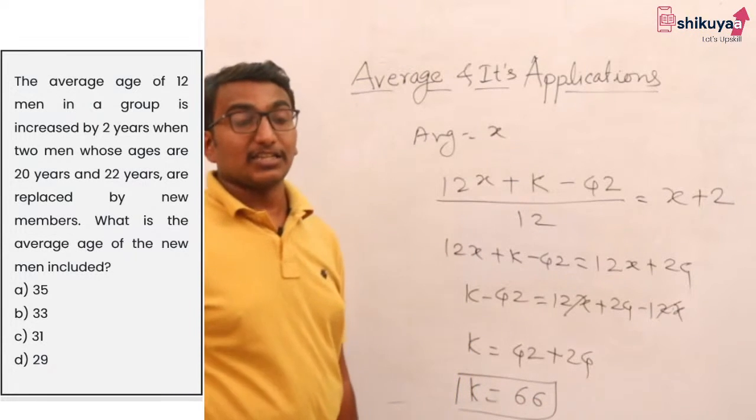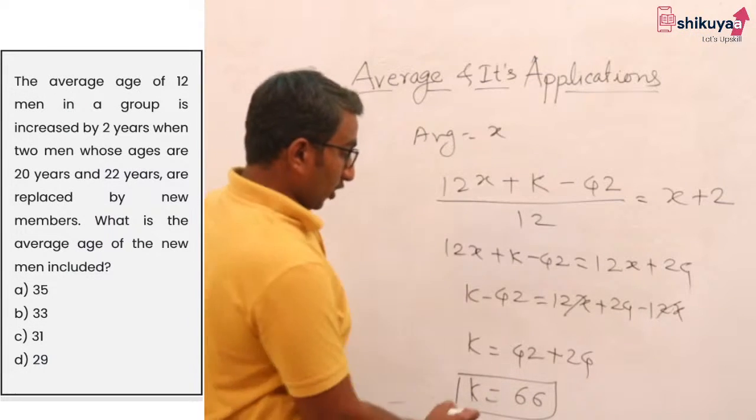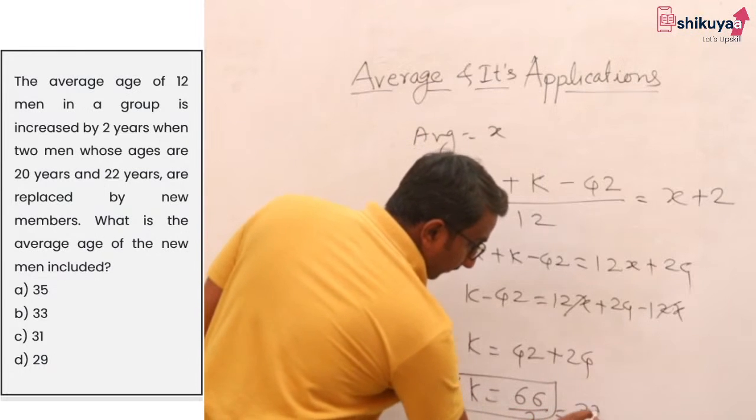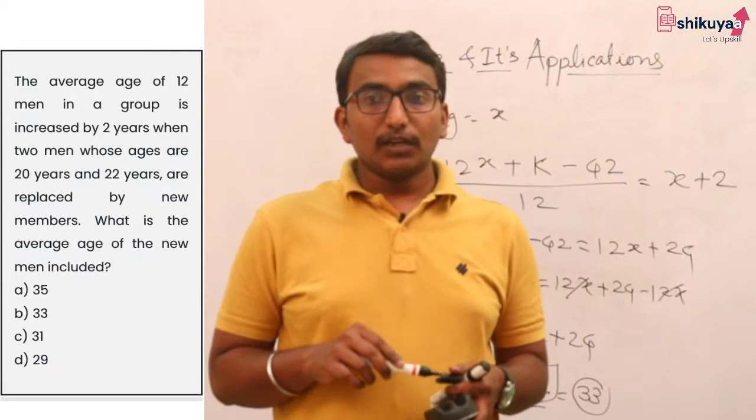What they have asked is, what is the average age of the two new men? There are two men, so 66 divided by 2, the average will become 33. So your answer is option B, 33.